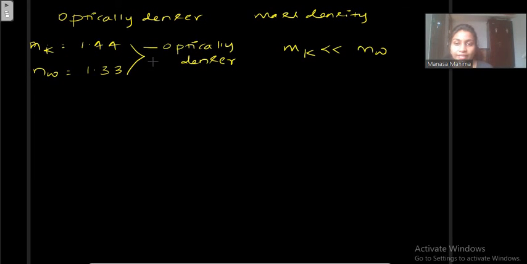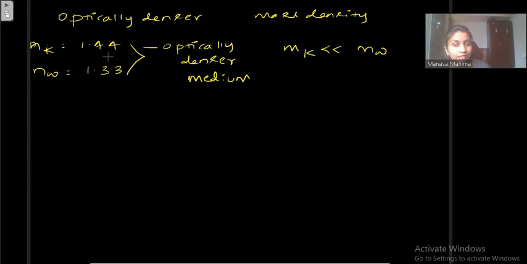Here, the refractive index of kerosene is greater compared to the refractive index of water. So I will call n_K, the refractive index of kerosene, 1.44, and it is said to be the optically denser medium. If the medium has a greater refractive index, then we have to consider it optically denser.